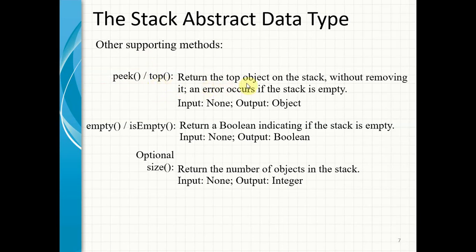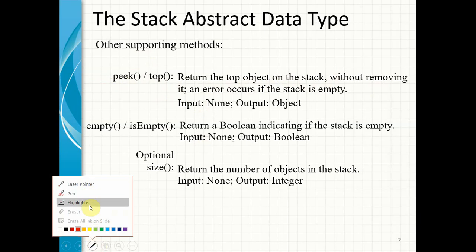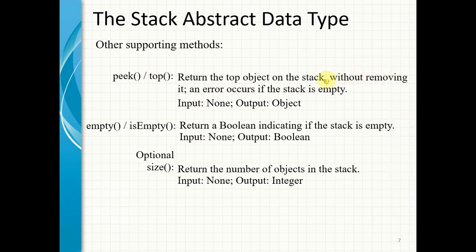It returns the top object on the stack without removing it. That's the key difference between peek and pop. In peek, it does not remove the top element. And again, an error occurs if the stack is empty. So again, there's no input, but it will give out an object.